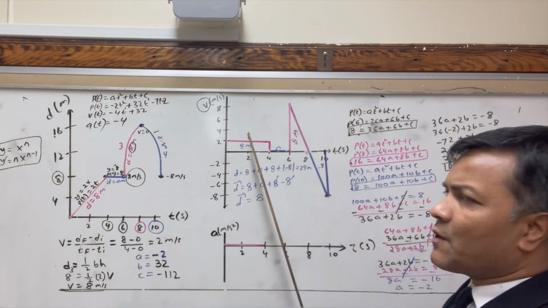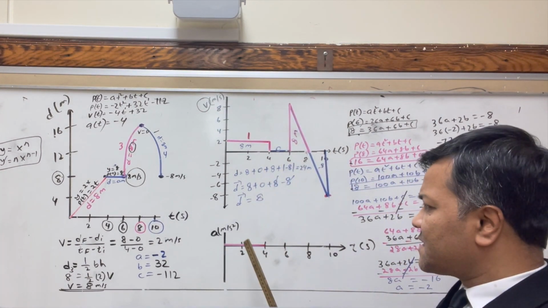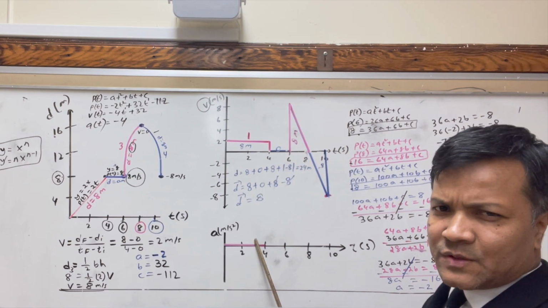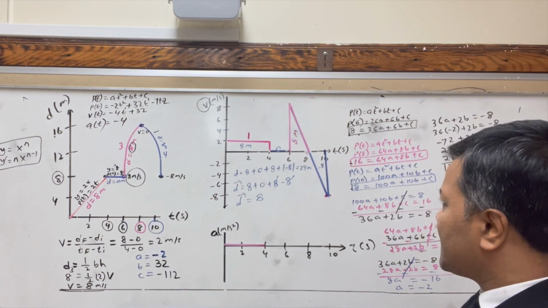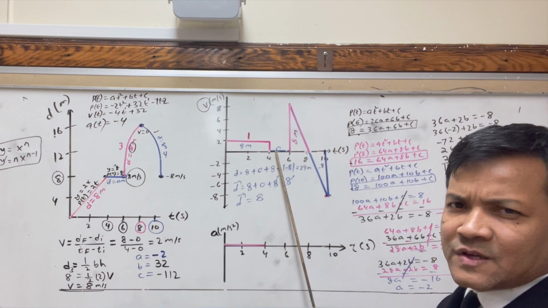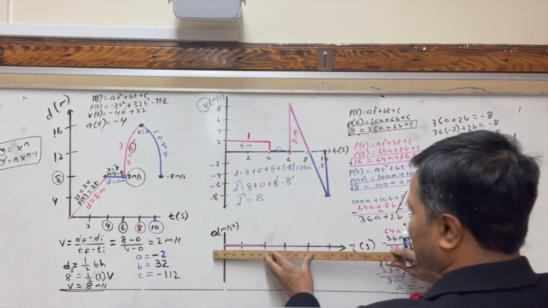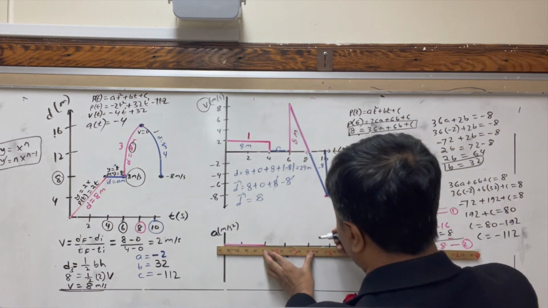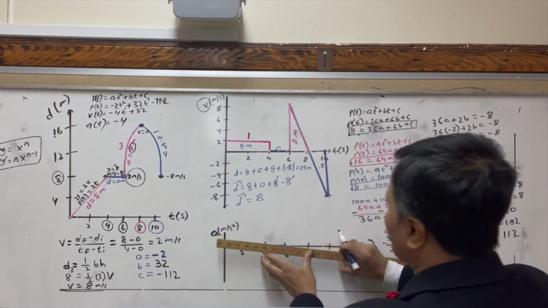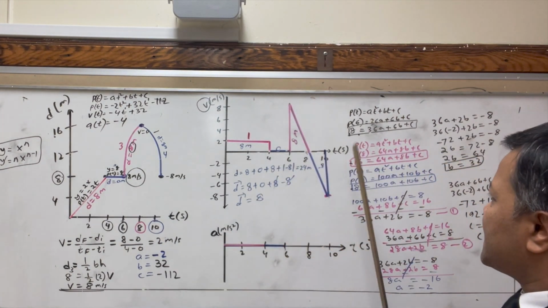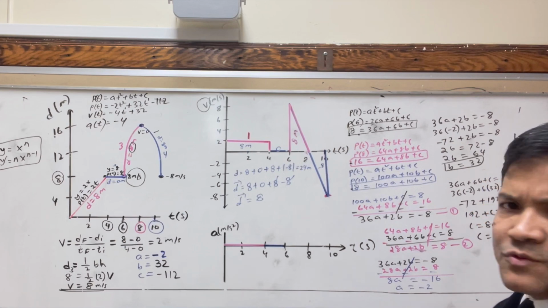If this is horizontal above the x-axis, acceleration is horizontal at 0. If this is horizontal at 0, this one has to be horizontal at 0. Now there is an acceleration over here, and that's what we're going to find.